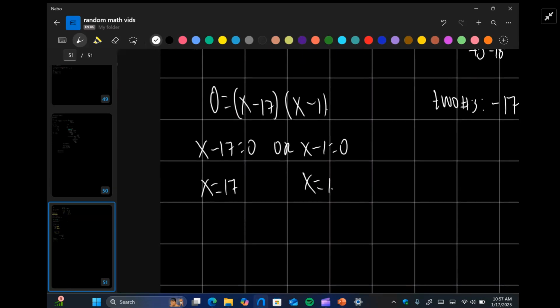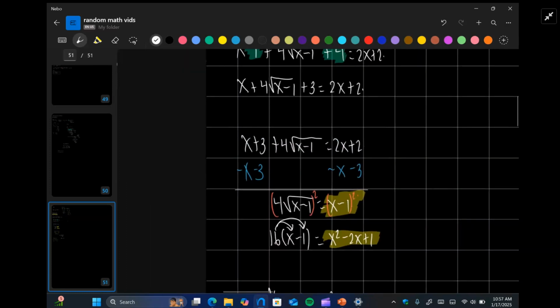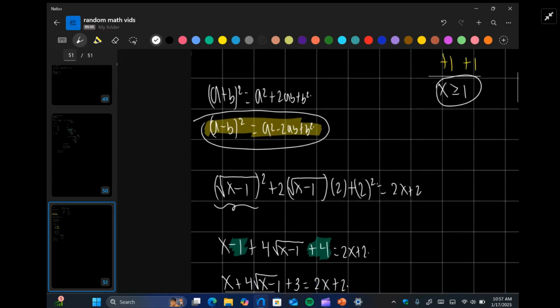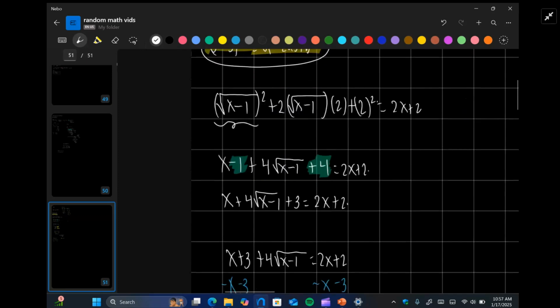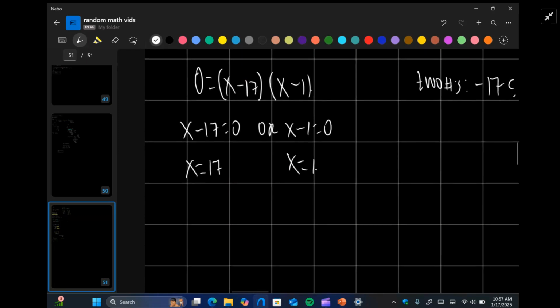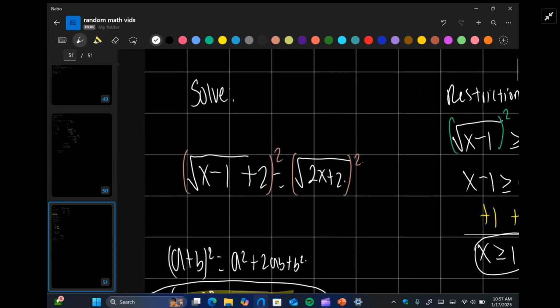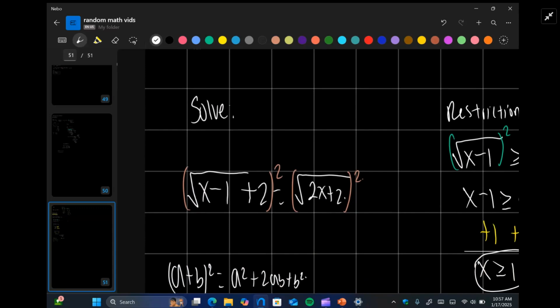So in this case, I believe it's both of them, actually. I just want to make sure, so if we graph this, give me a second.